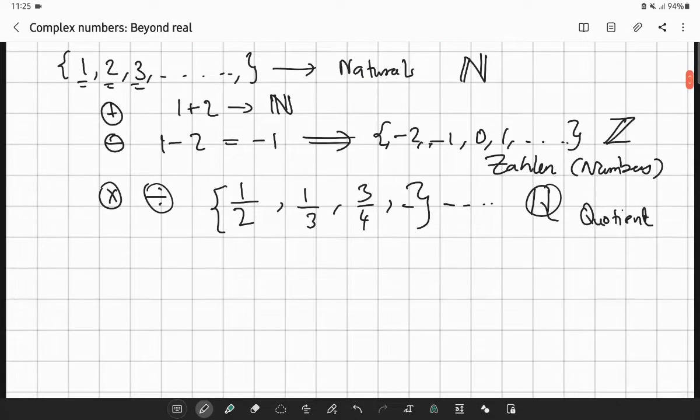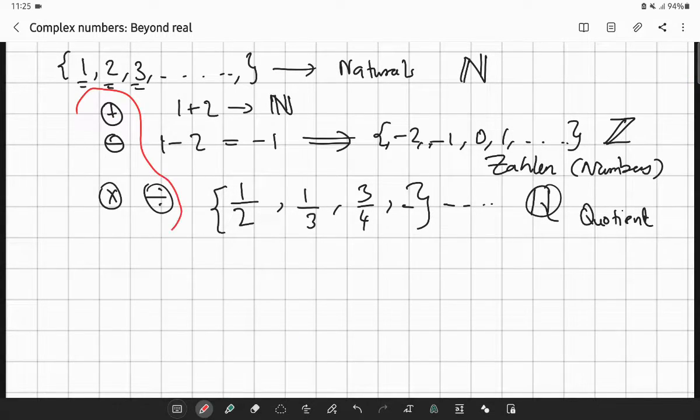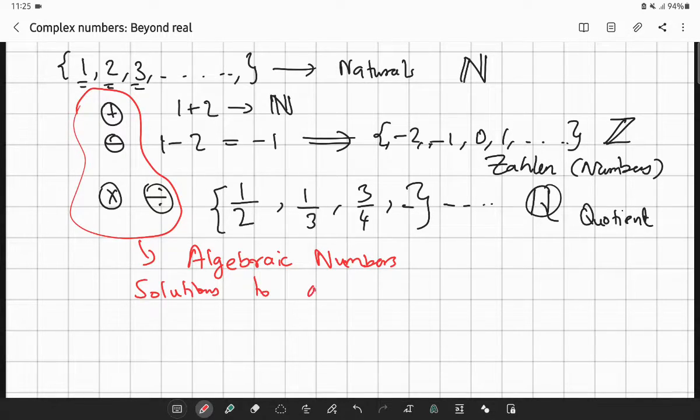Okay, but then if you combine these operations, multiplication, subtraction, division, and addition, you have something called the algebraic numbers. You may not have seen these numbers before. So algebraic numbers are defined something like this. Algebraic numbers are solutions to algebraic equations.